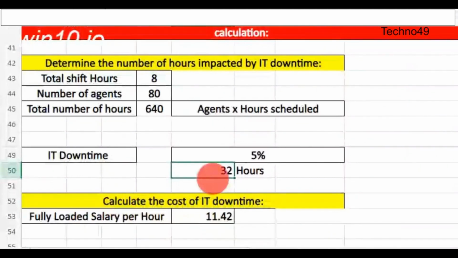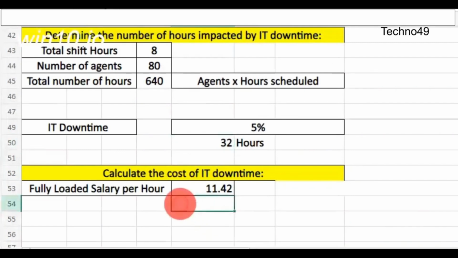We know the fully loaded salary per hour, which I have put down here, is 11.42. On the basis of that we can calculate the cost of IT downtime. If anybody knows how we can find it out, you can mention it in the comments section also. So let's quickly find it out here.